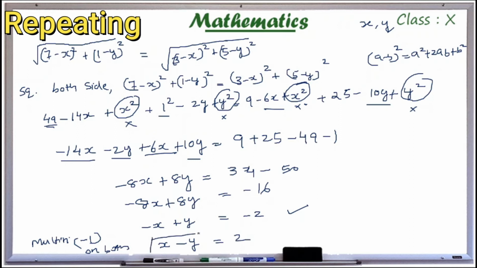So this is a perfect form. The reason for multiplying by minus 1 on both sides is that we get a neater shape for the equation. So x minus y is equal to 2. Minus x plus y is equal to minus 2 is also the right answer, but for a little perfection we are rearranging by multiplying by minus 1.